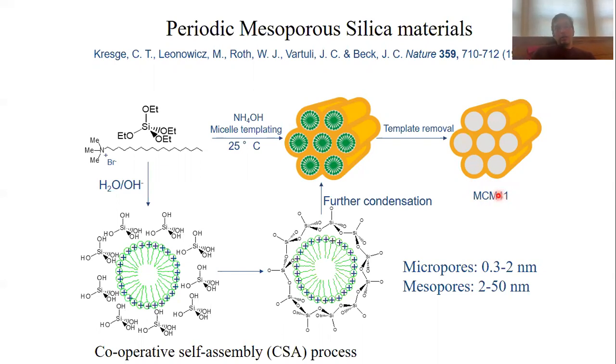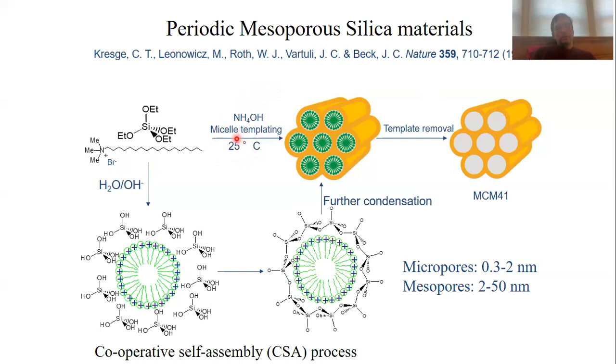So how can you prepare such a periodic mesoporous silica material? You can prepare it simply from a silica precursor, such as tetraethoxysilane, in the presence of a cationic surfactant, such as cetyltrimethylammonium bromide, in a somewhat basic ammonium hydroxide solution near room temperature.